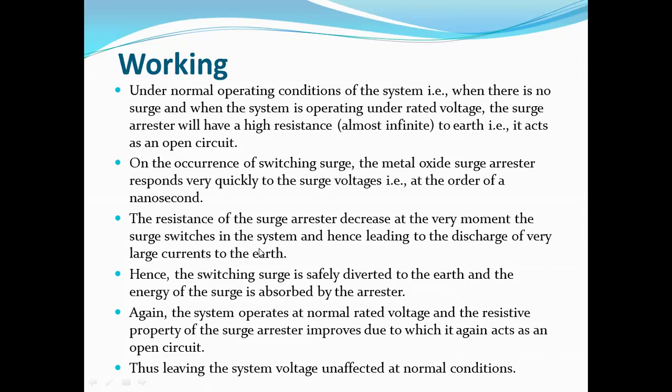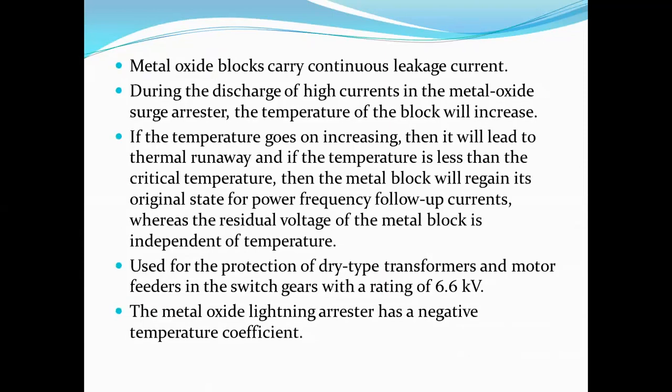It operates under the normal working condition. Okay, then these metal oxide blocks carry continuous leakage current, and during the discharge of high currents in the metal oxide surge arrestor, the temperature of the block will increase.